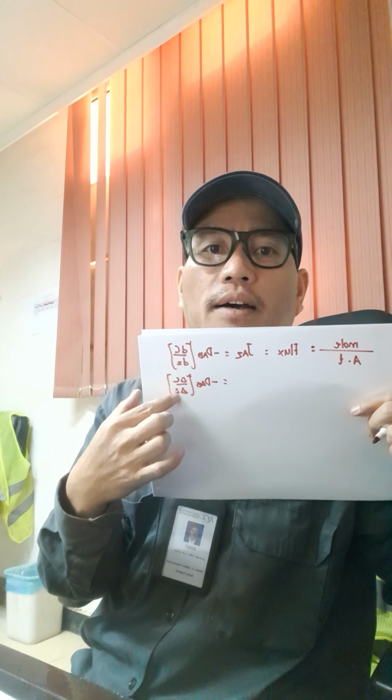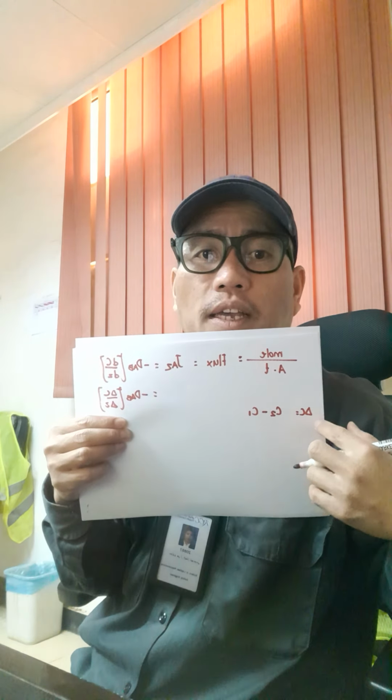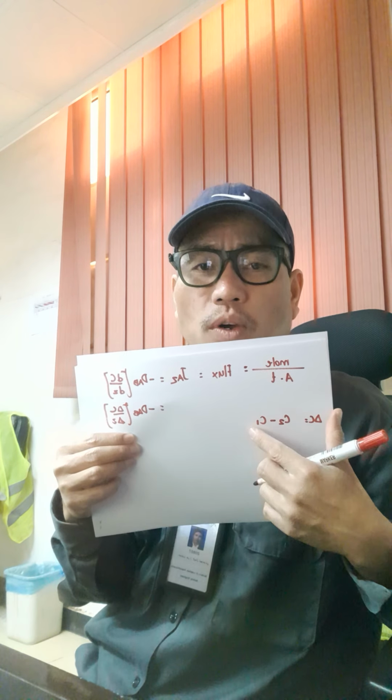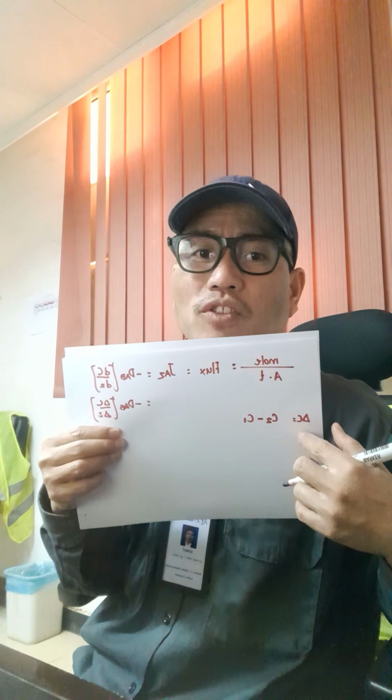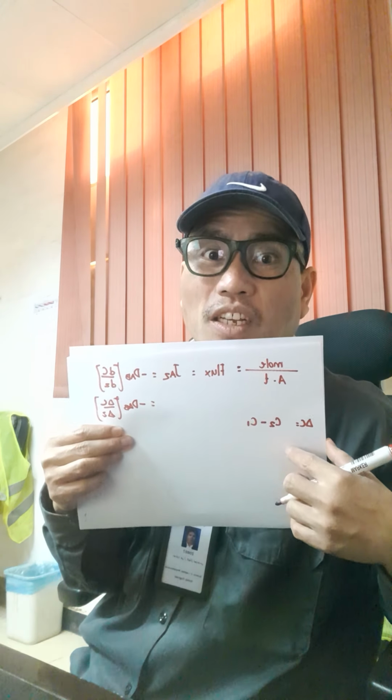So delta C is the difference of 2 and 1. Okay, so delta C is equal to C2 minus C1. Actually, delta C is equal to C2 minus C1, final minus initial, but it happens our initial C1 is at a higher concentration, right?